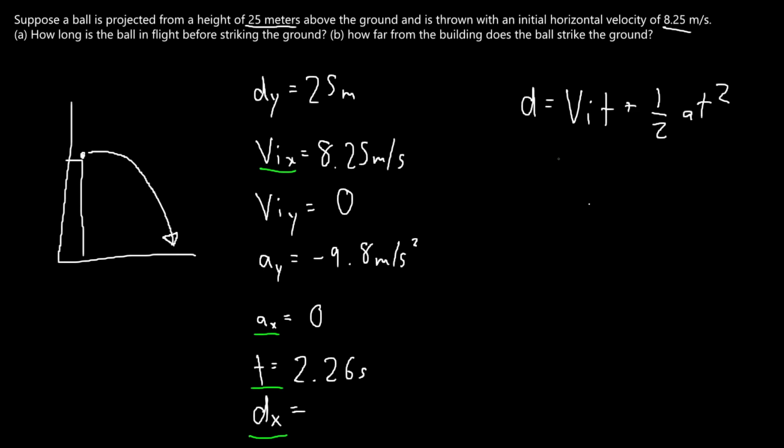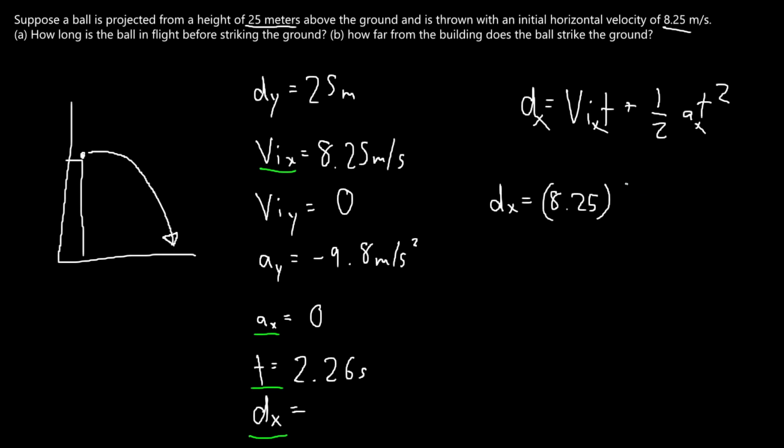Alright, so next step is isolation. Isolate dx because that's what we're looking for, and good for us, dx is already isolated. So there isn't really anything to worry about. We can simply substitute it directly now. So dx is equal to initial velocity x, that's 8.25.